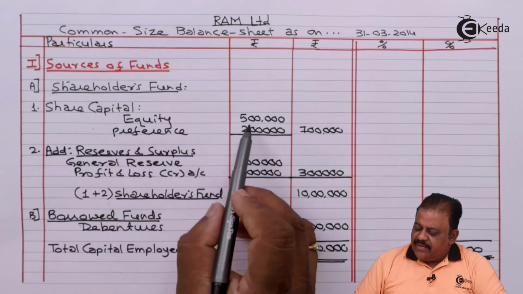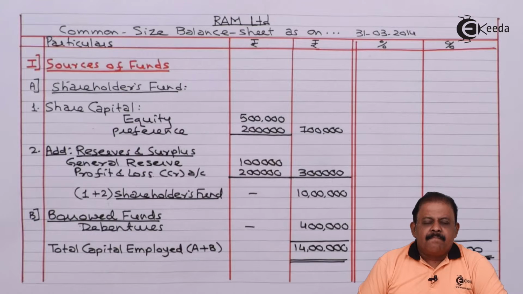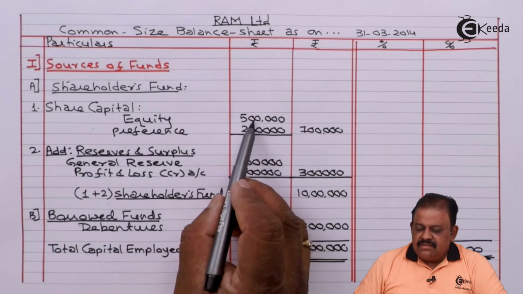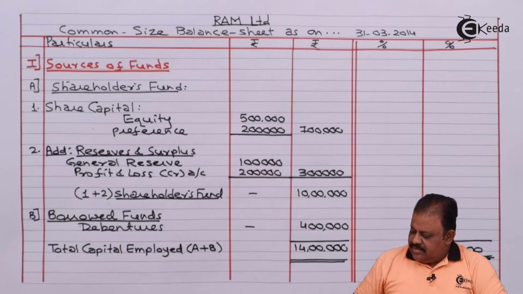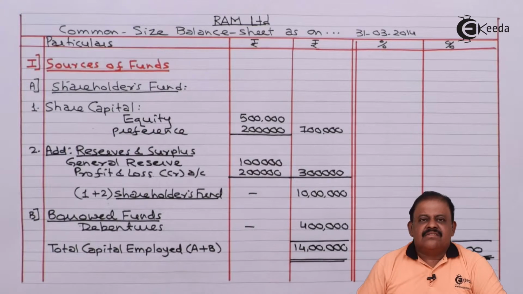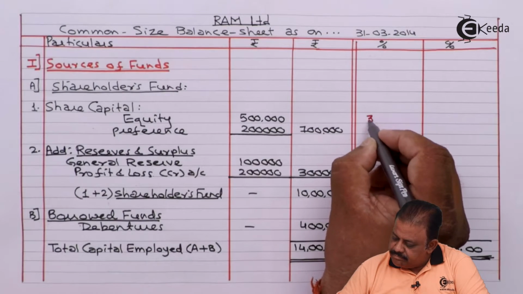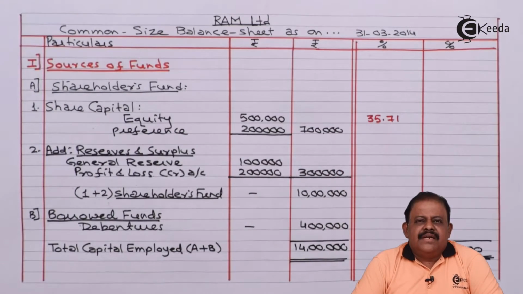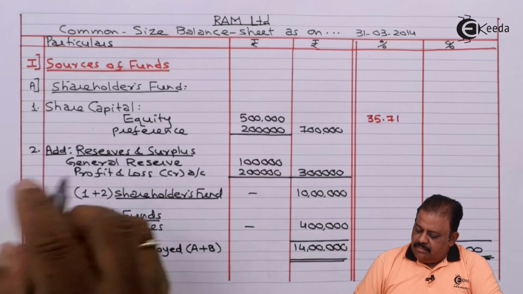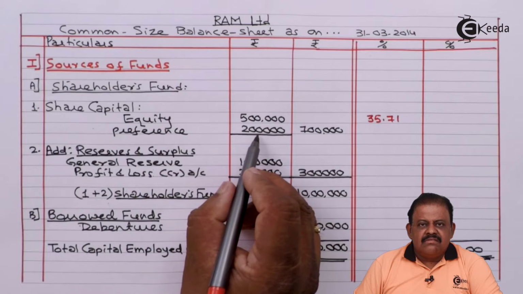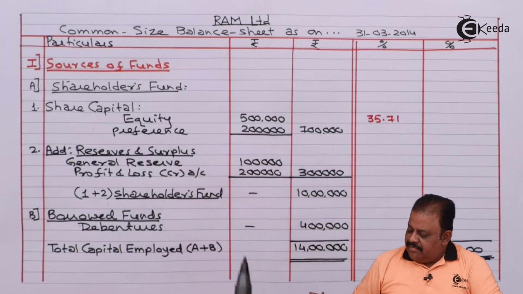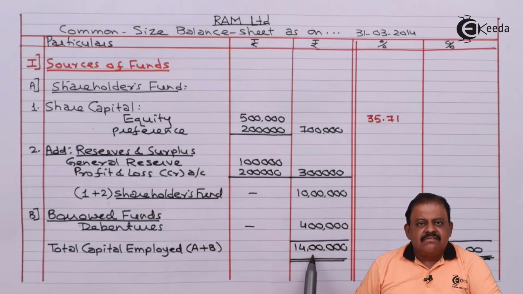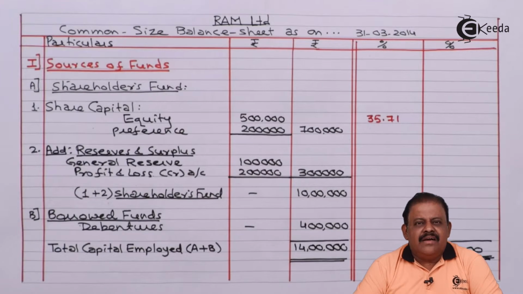For example, equity we have 5 lakhs. 5 lakhs divided by 14 lakhs, that is total funds, multiplied by 100. 35.71%. Preference 2 lakhs, again divided by 14 lakhs multiplied by 100.